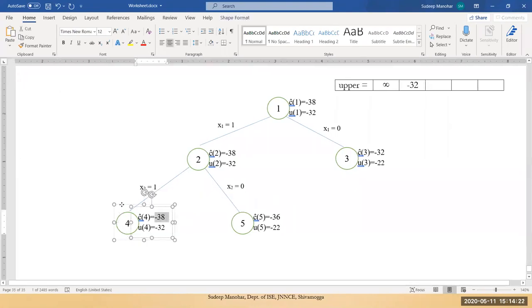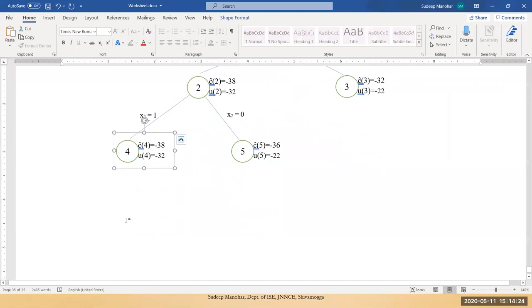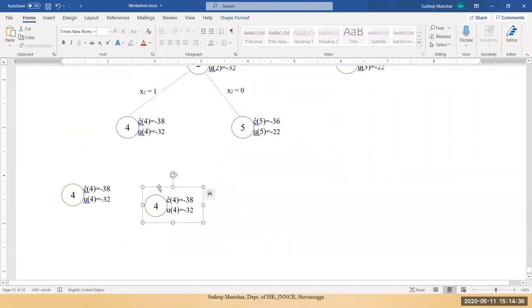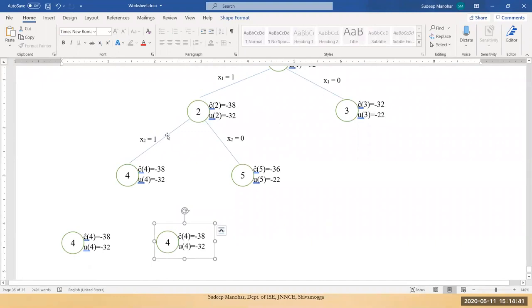Now we are choosing node 4 as the E node, and you continue with this and generate 2 children for this. Write the branches. Name this.